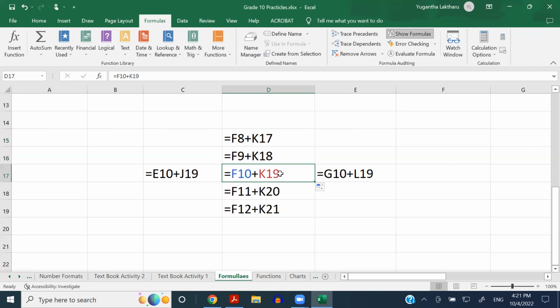And when we copy to the right on the same row, it increases the column header, that means the letter, one by one. When we copy it to your left, it decreases the letter one by one.